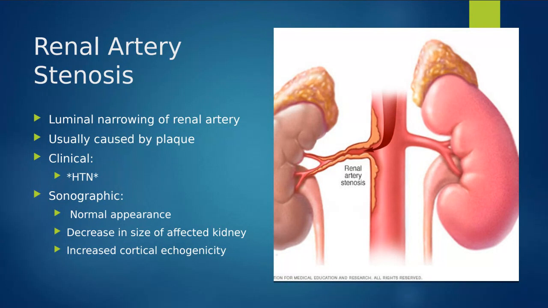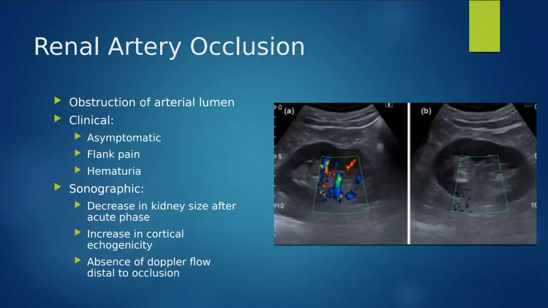On ultrasound, the kidney itself will have a potentially normal appearance, or be slightly small in size with increased echogenicity, so they'll become hyperechoic. If you think about it, they're not getting the amount of blood supply that they need, so that's going to ultimately result in the kidney not working as well as it should. And we'll learn more about that type of exam in the fall.